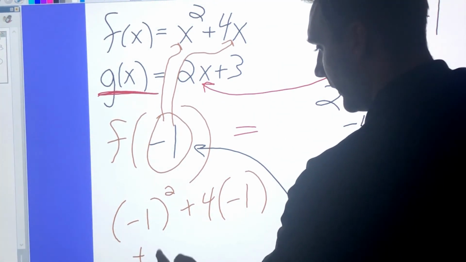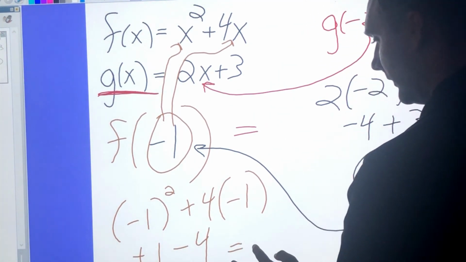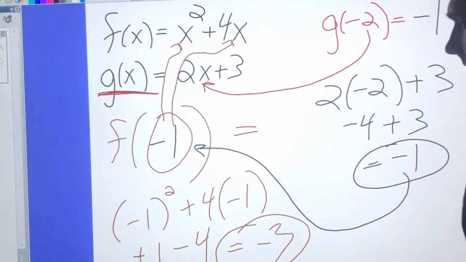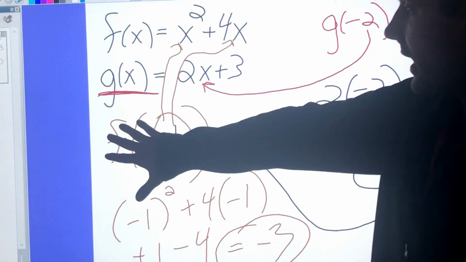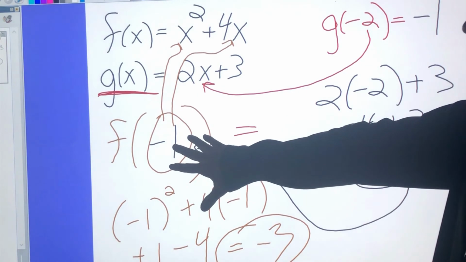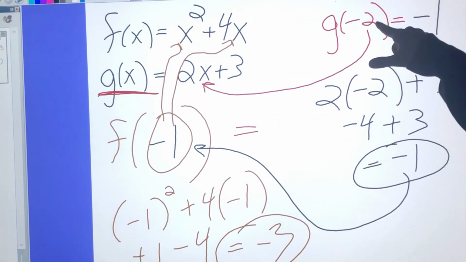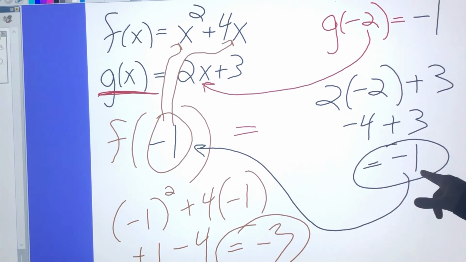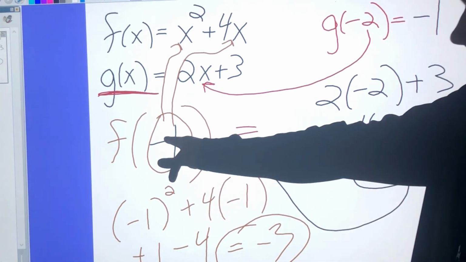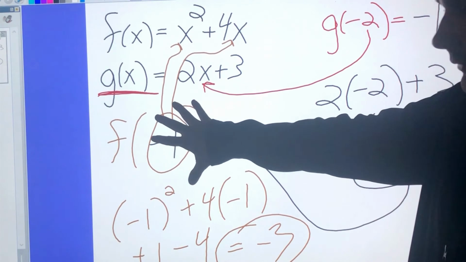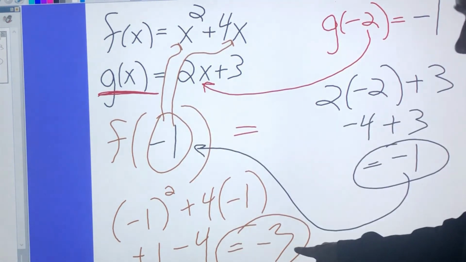This is a positive 1 minus 4, which equals -3. So what is the function composition of f of g of -2? That is -3. First, you had to find g of -2, give it that value, and replace that value inside here. Now you have f of -1 that you can calculate, to get -3.